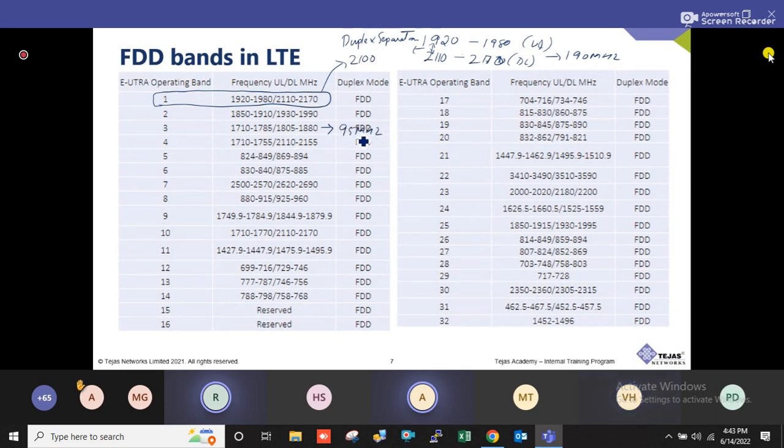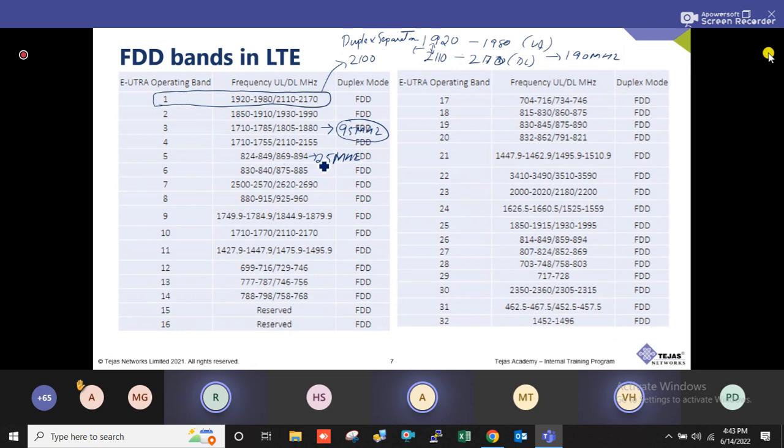As and when you decrease the frequency, the duplex separation also decreases. In the 850 band also, the duplex separation, if I calculate, is 894 minus 869, so 25 megahertz. As the frequency reduces, the duplex separation also reduces. As the frequency increases, the duplex separation also increases.